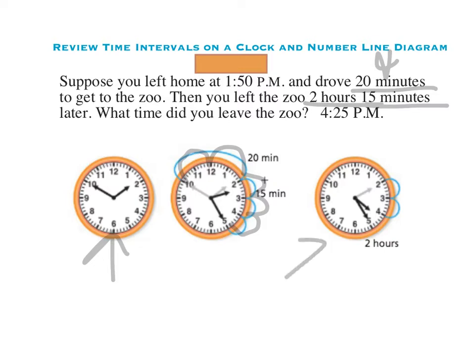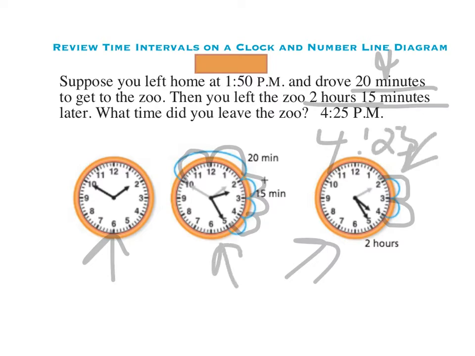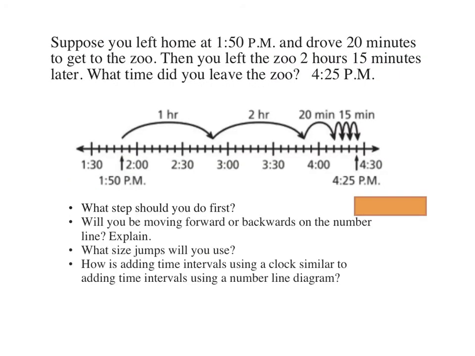And then the illustration is saying, now that you got the minutes, you add 2 full hours, it would be 4, which is showing on this clock, and the 25, which is showing on this clock. So if we had Judy clocks at school, that's what we'll be using.